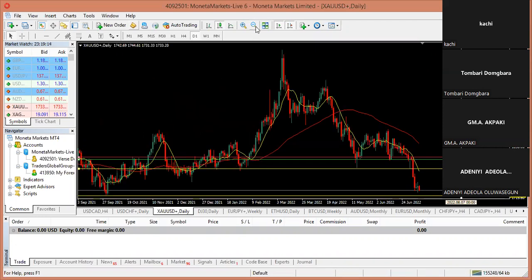Okay, so I diverted a bit to tell us the different types of traders. Scalper, the person that does 1 minute, 5 minutes, 15 minutes, and is done. Intraday, the person that does 1 hour, 30 minutes, 4 hours, or 8 hours, or 12 hours, and is done.